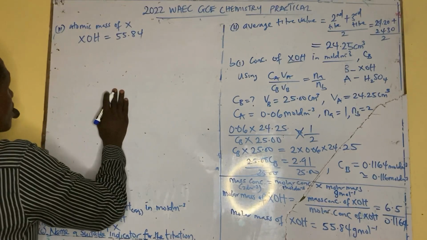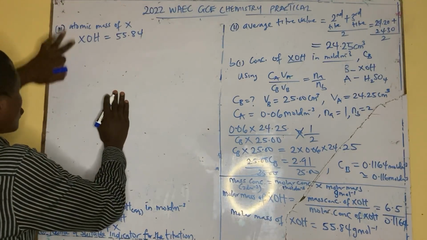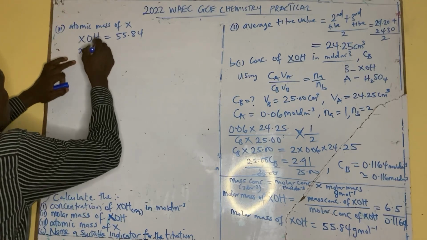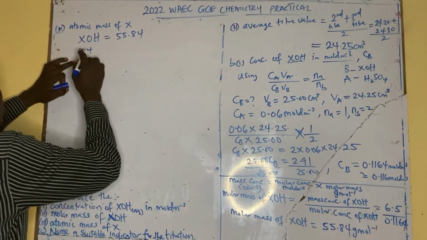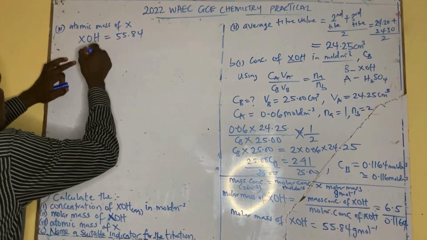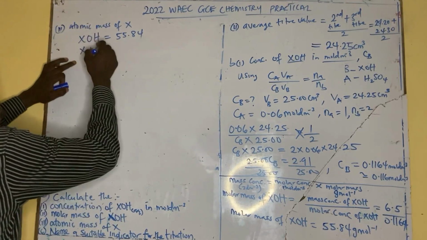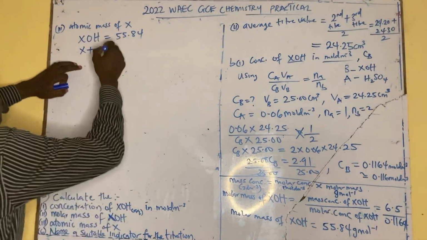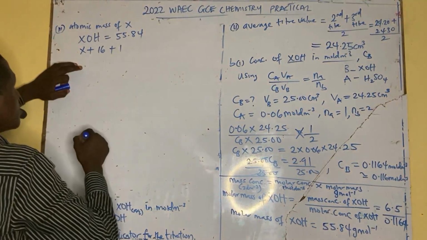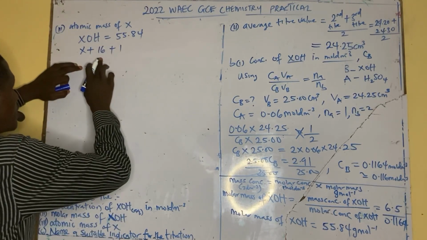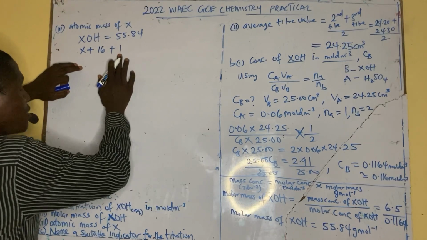55.84 gram per mole. Now, to get the atomic mass of X, we say X plus 16, which is the atomic mass of oxygen, plus 1, which is that of hydrogen. The atomic mass of oxygen is 16, atomic mass of hydrogen is 1.